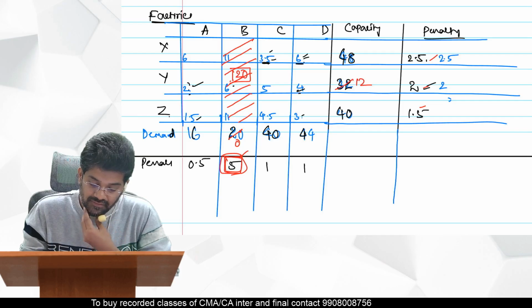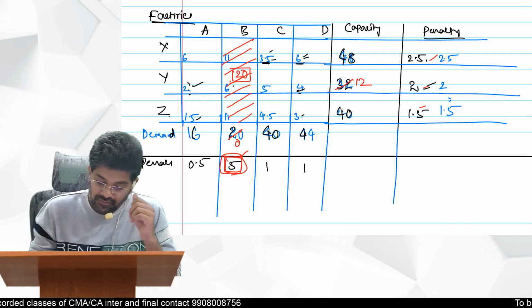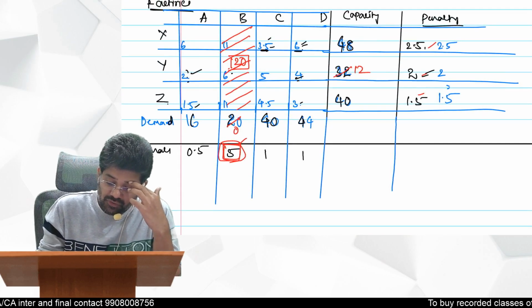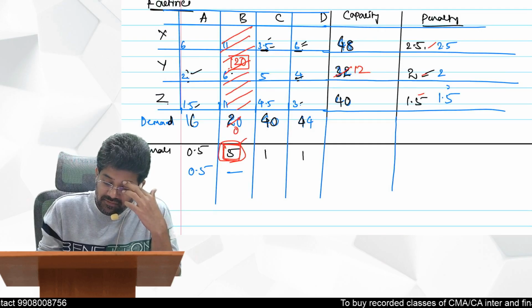Next one 1.5, 3, 1.5. Here there is no change. Same 2, 1.5, 2.5. This is not considered here. Same 1 only. Here also 1.